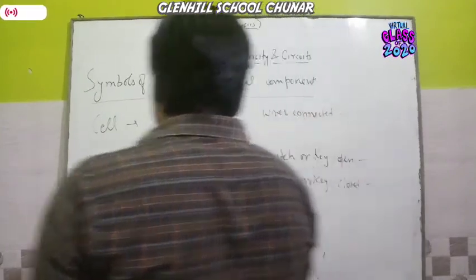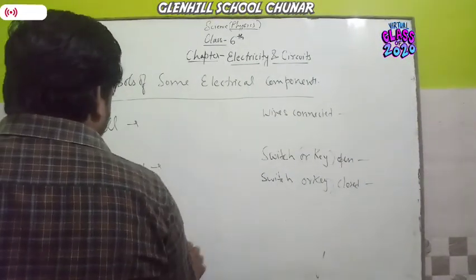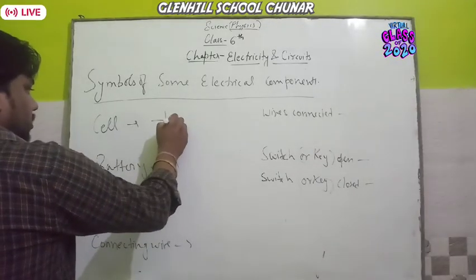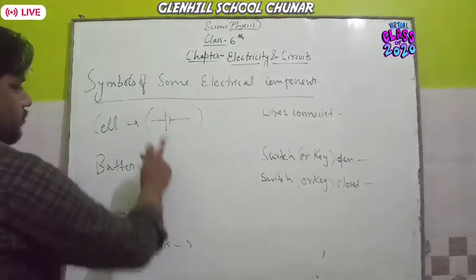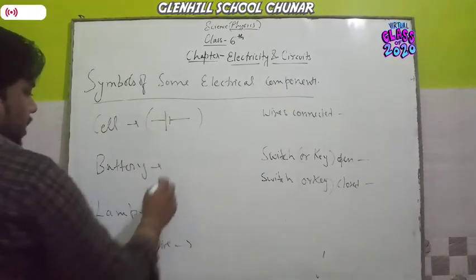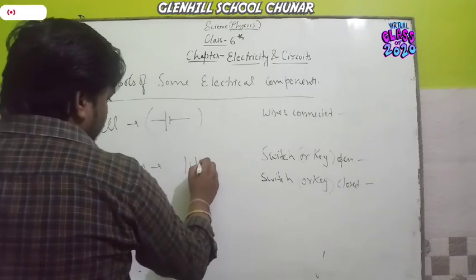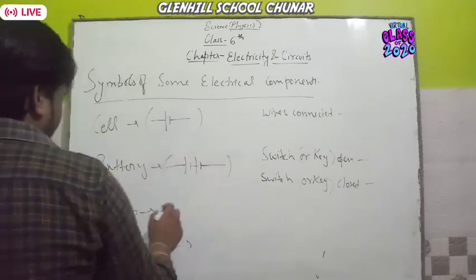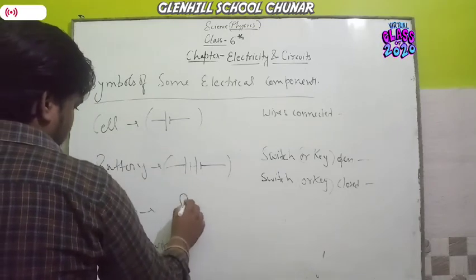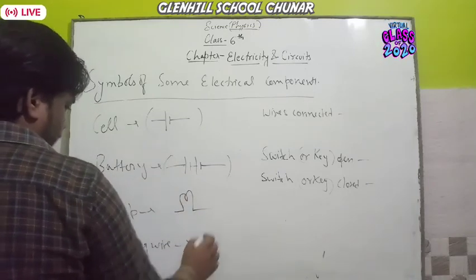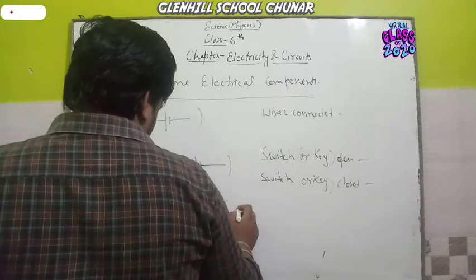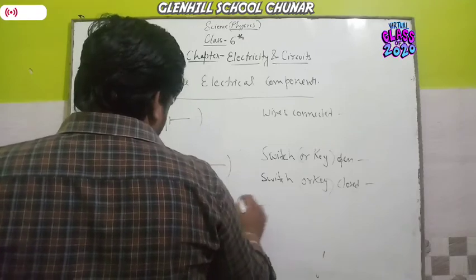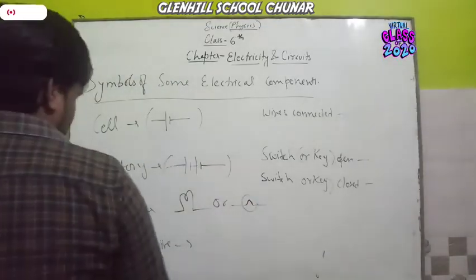These symbols are given below. Let's see what the symbol of a cell is. The symbol of a cell is this. First is positive, second is negative. Battery: simply we know that a combination of cells is a battery. Lamp: this is the symbol of a lamp, or the lamp is also represented by this symbol.